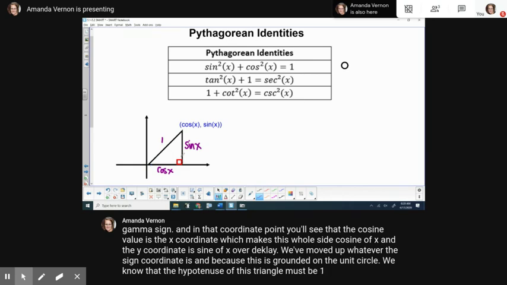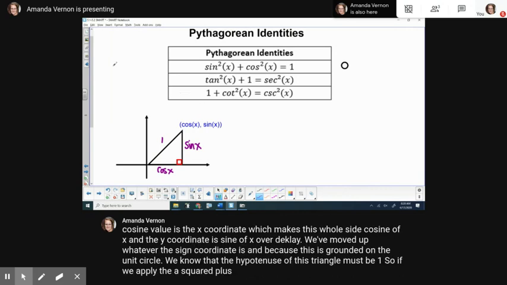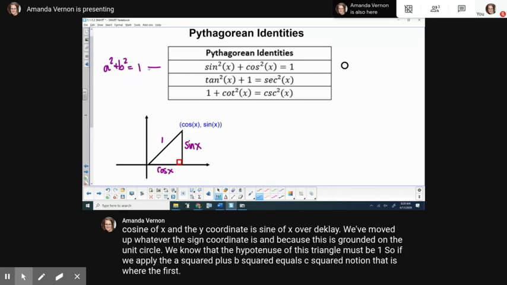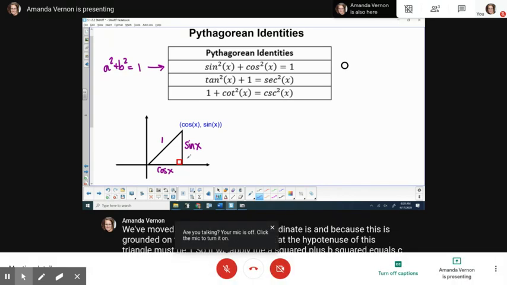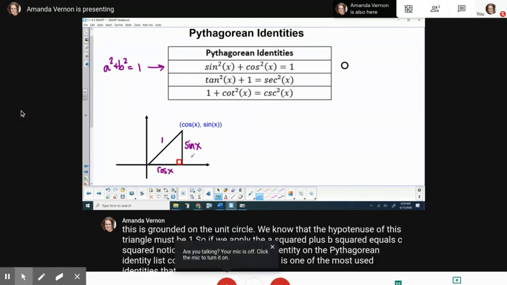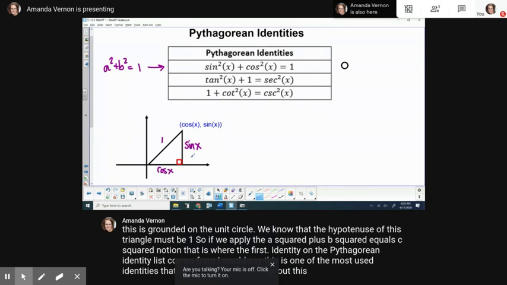So if we apply the a squared plus b squared equals c squared notion, that is where the first identity on the Pythagorean identity list comes from. I would say this is one of the most used identities that we will reference throughout this unit.